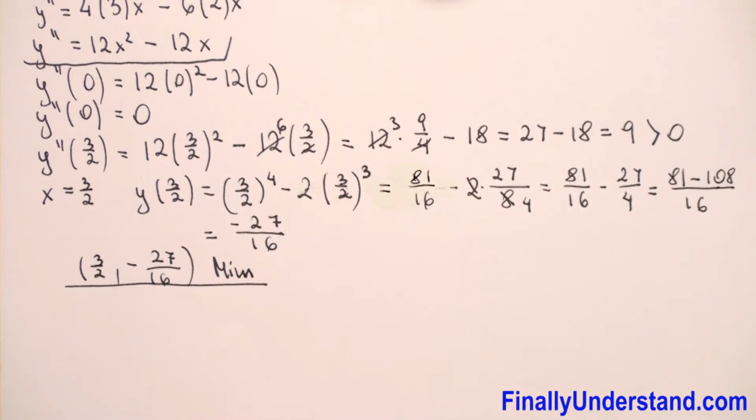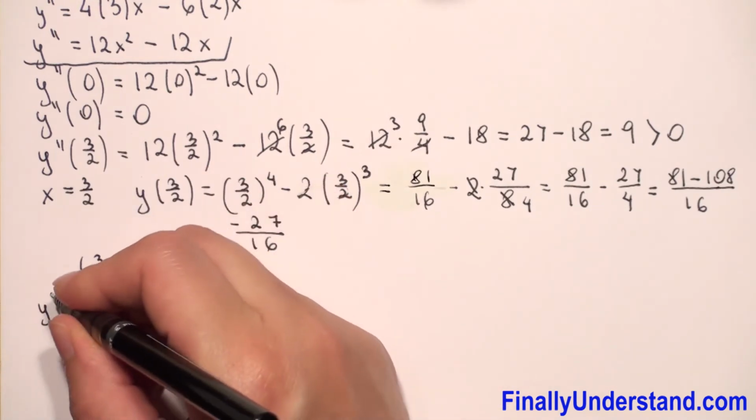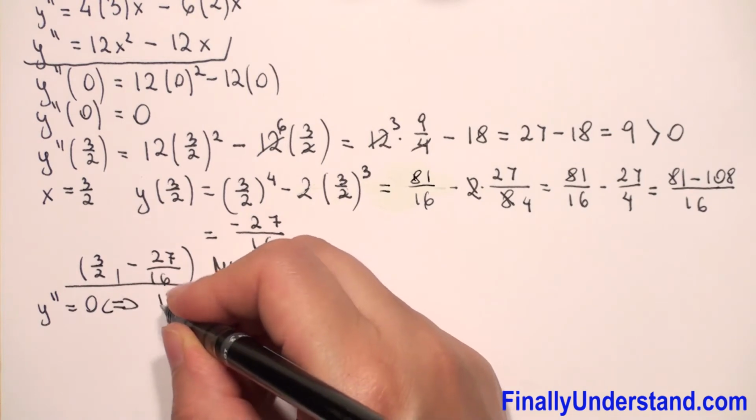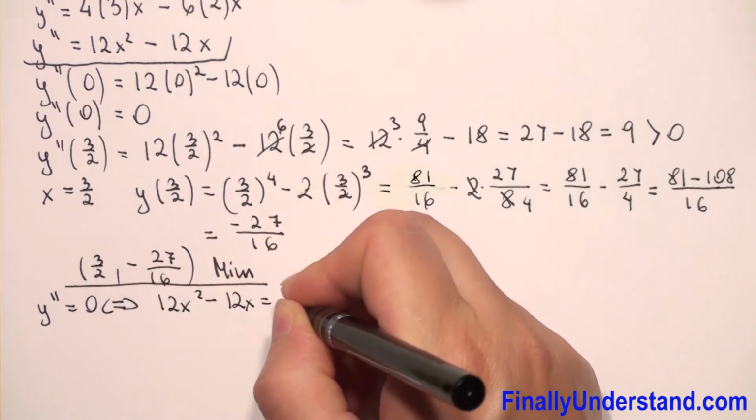Next, we have to check if our function has inflection points. So we need to set our second derivative to 0. y double prime is equal to 0 if and only if 12x squared minus 12x equals 0.